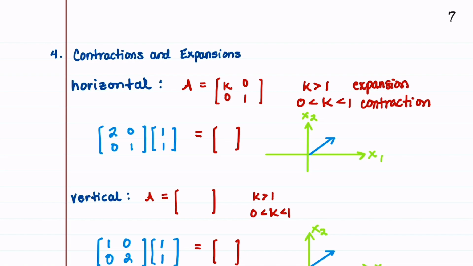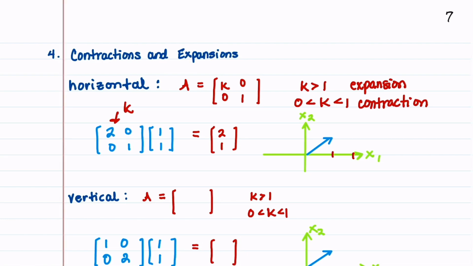Let's see how this works. So say we have a vector 1, 1, and we want to expand it horizontally by a factor of 2. We would put K equal to 2 in our matrix, multiply it by 1, 1, and we would end up with 2, 1. So what happens is our vector expands horizontally by a factor of 2.